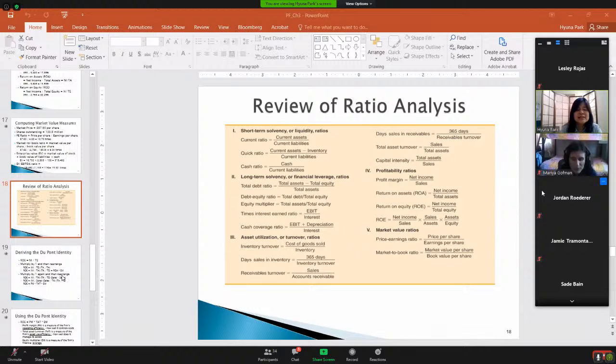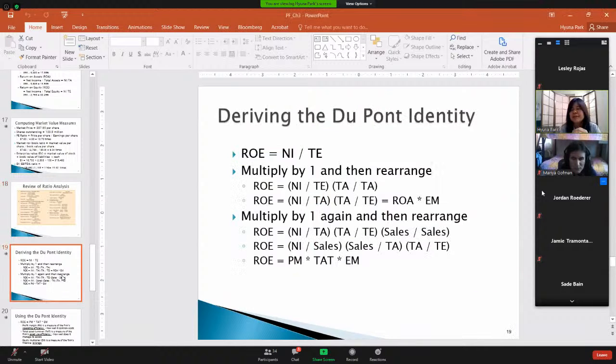And in the next slide, we move on to a different topic, and which is DuPont Identity. So DuPont Identity, this method was developed in the famous chemical company DuPont. DuPont developed this method. The reason is they wanted to improve profitability measured by return on equity.